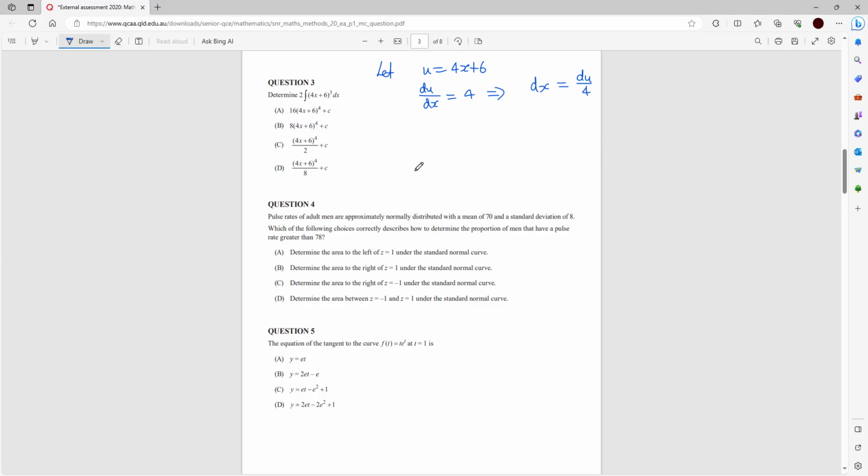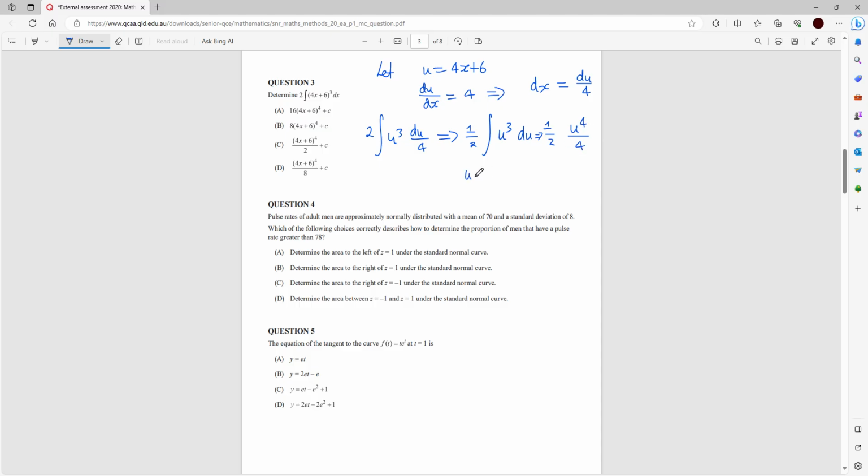So when I make this substitution, I'm going to have the integral of 2 of this whole thing will replace with u, so u cubed, and my dx will replace with a du on 4. Take that 4 out the front, so I get 2 divided by 4, which is a half, and the integral of u cubed du. Add 1 to the power, so you're going to get a half u to the 4 on 4.